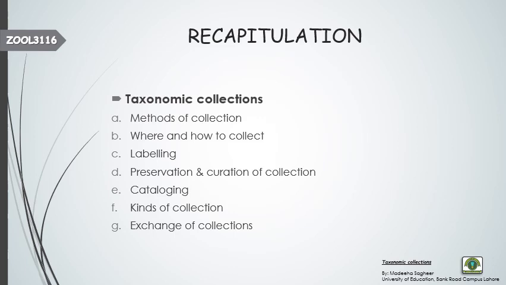And then we come to the different kinds of collection, including survey collections, damaged collections, type collections, and collections for teaching students. Next and last, we talked about the exchange of collection, that it is a very good thing in taxonomy because it will help to make your collection at a very good level. Exchange could be done between institutions, and also between countries.